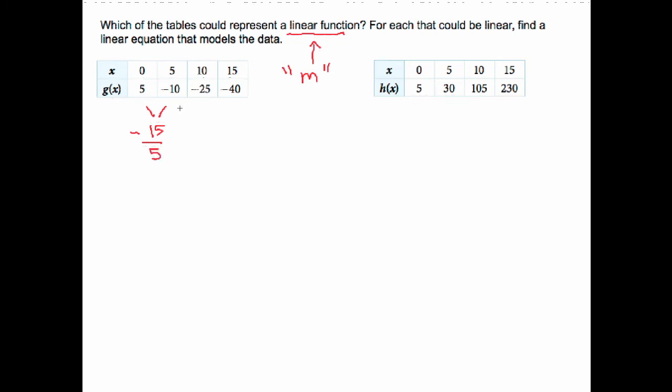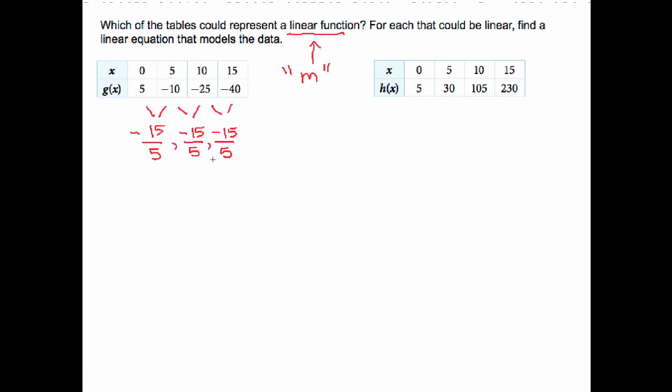For the next two consecutive coordinate pairs, we have negative 25 minus a negative 10, which is negative 15, over 10 minus 5, which is 5. And for the last two coordinate pairs that are consecutive, we have negative 40 minus a negative 25, that's negative 15, over 15 minus 10, which is 5.